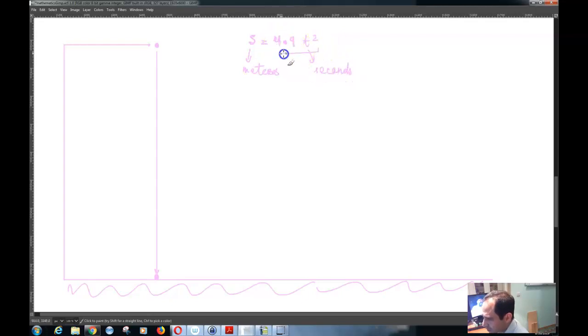This is the distance the object covers in t seconds. This 4.9 t squared is the distance in meters.